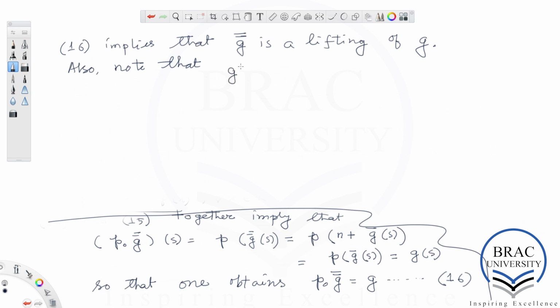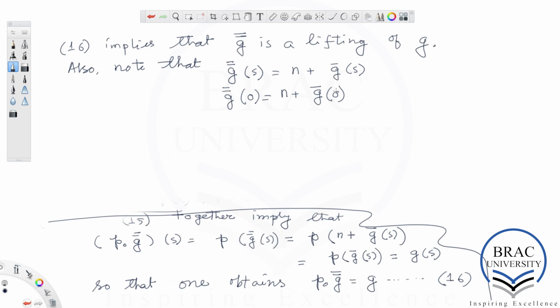Now also note that we have this expression of G double bar, right? We defined G double bar of S as n plus G bar of S, which was equation number 14. So we just plug in S to be 0 here, and we see that G double bar of 0 is equal to n plus G bar of 0.